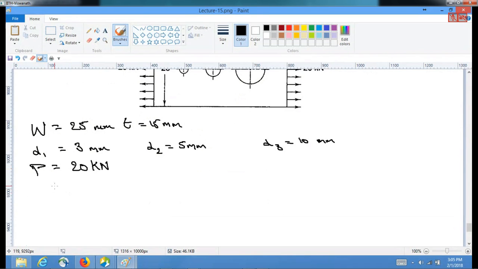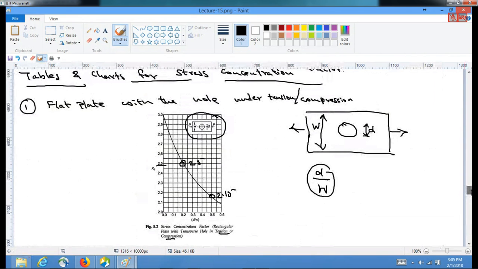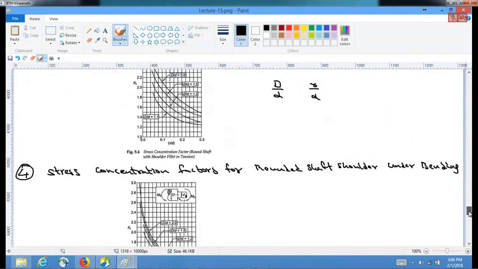Further, if you look at this graph which we showed earlier, we need to use this graph, and for that all we need to do is calculate D by W. This is similar to the earlier case, provided we assume that each hole is very far from the others, so they are not interacting.